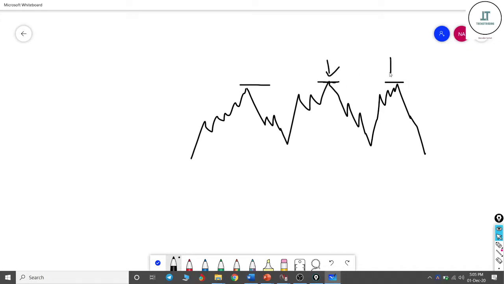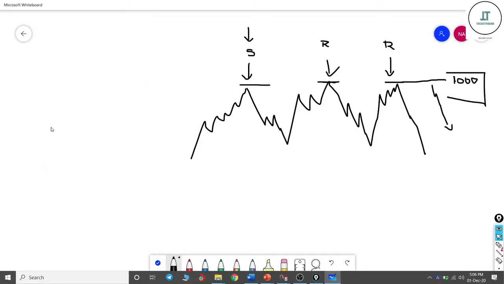That means sellers are coming in from higher levels and reversing the stock back to a downside move. This is called resistance. Let's assume the level is 1000, so this level of 1000 will act as a strong resistance, and sellers are coming in from the higher level exactly near this 1000 level.